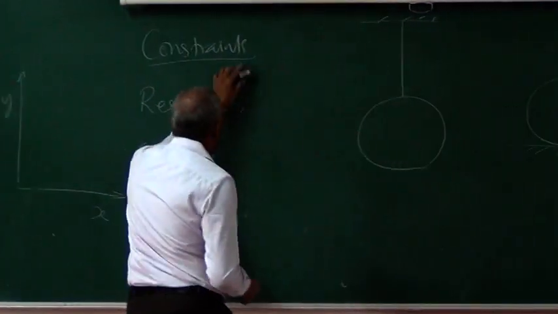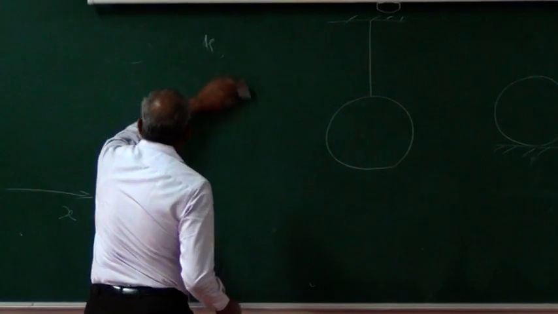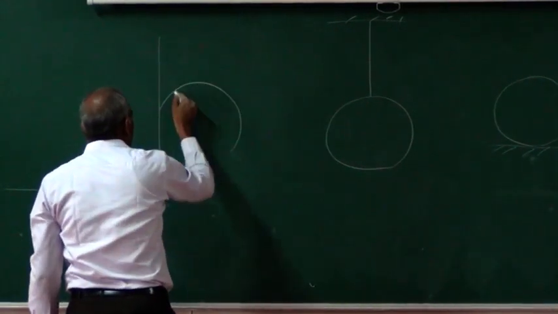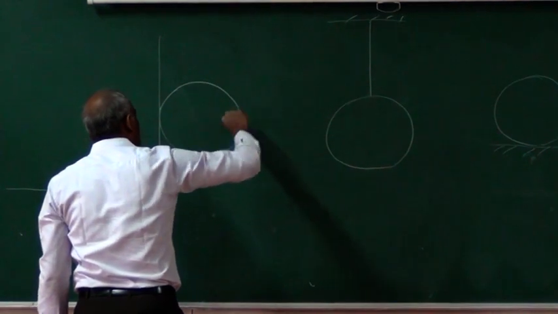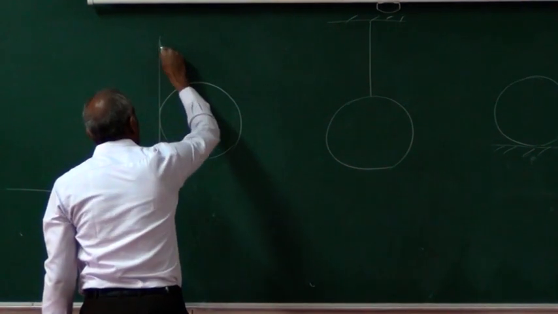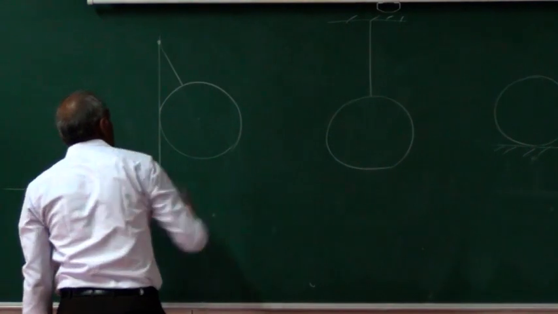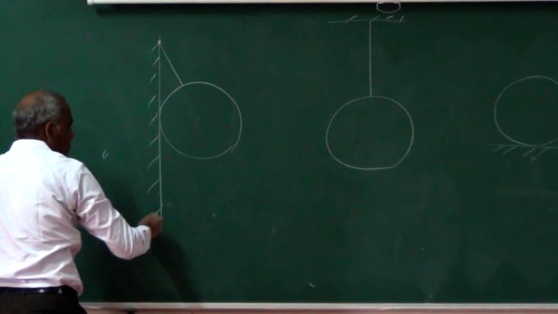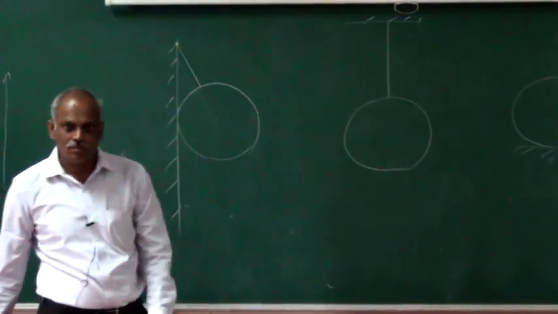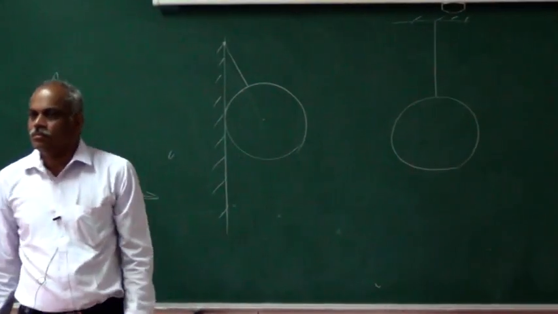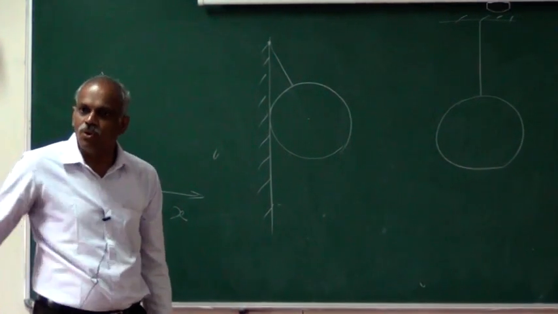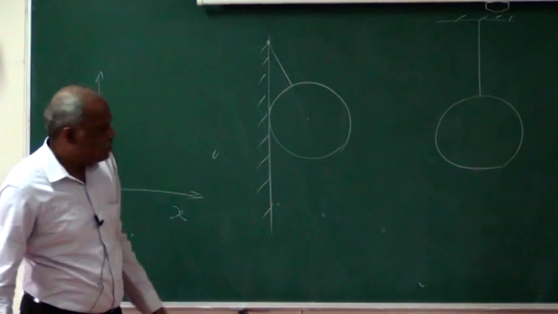So you can think of another ball restricted like this. This is a wall, a vertical wall. It's like a pendulum, but it is not allowed to go to the equilibrium position.